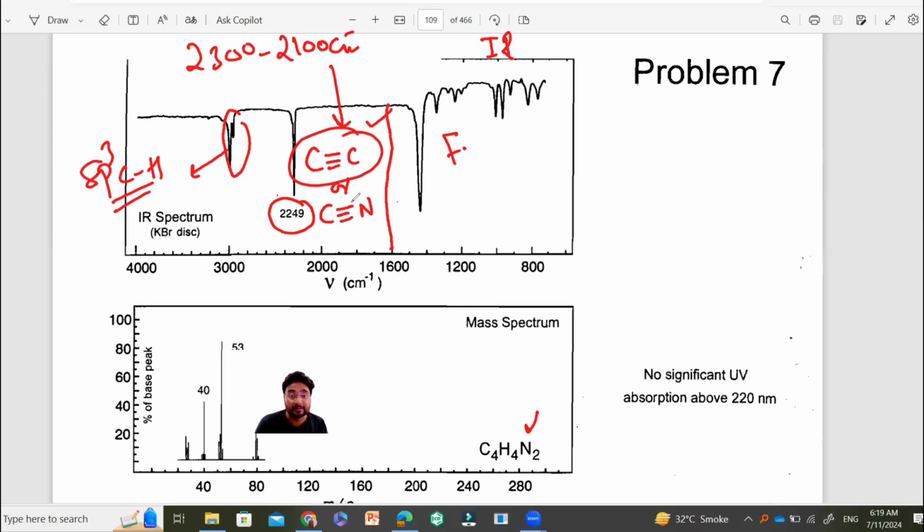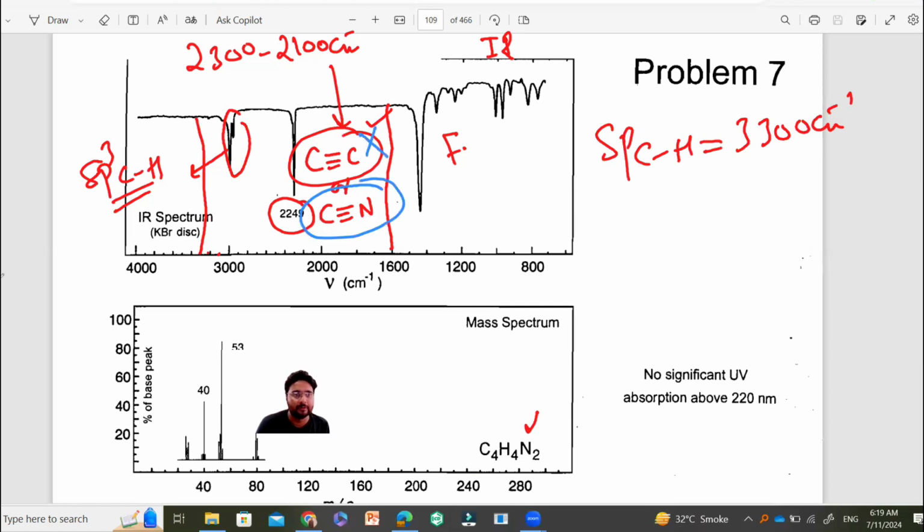If it is a terminal carbon-carbon triple bond, you will get an sp CH stretch signal, which appears in the IR spectrum in the range of 3300 centimeter inverse. If you look at 3300, 3200, 3100, this region is empty. It means the possibility of a terminal alkyne is ruled out, and a carbon-carbon triple bond is also absent. So there is only one possibility: the compound contains a carbon-nitrogen triple bond.